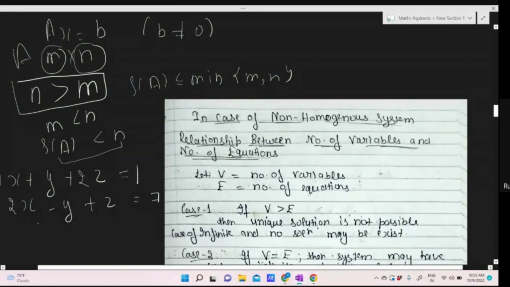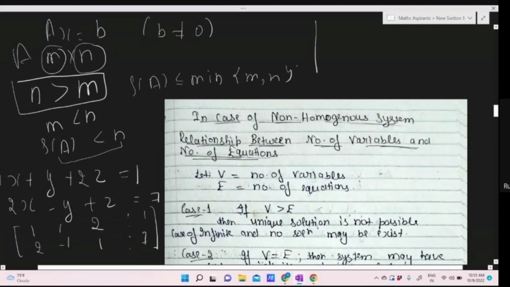From here, you can see that by writing this in the augmented matrix, this system has infinitely many solutions, because here rank of A is 2, rank of the augmented matrix is 2, but the number of variables is 3. Therefore, rank of A is equal to rank of the augmented matrix, which is less than 3. Therefore, infinitely many solutions.